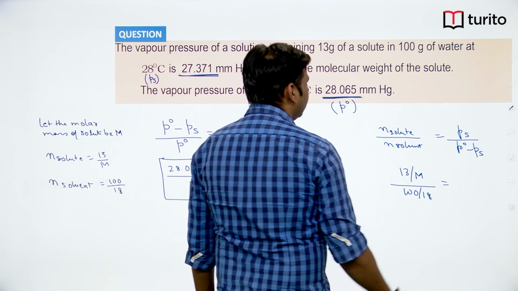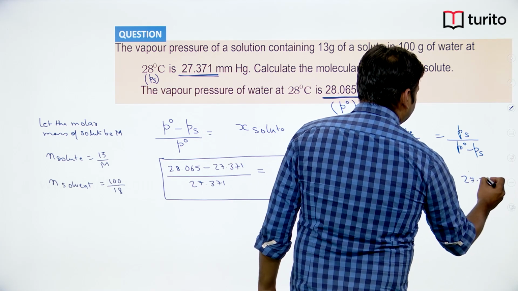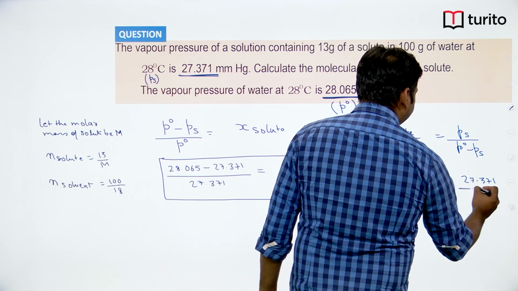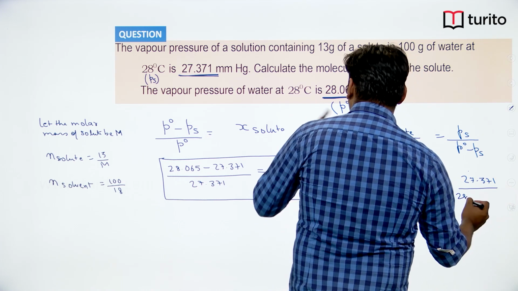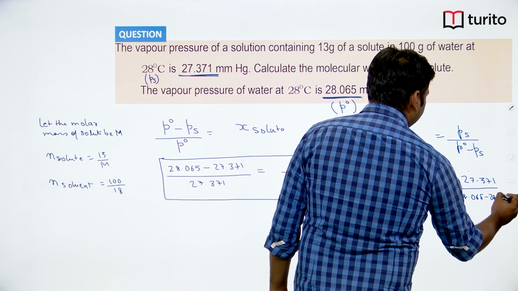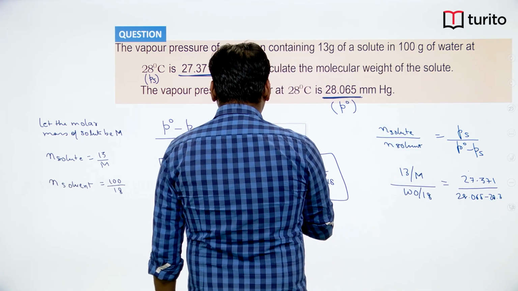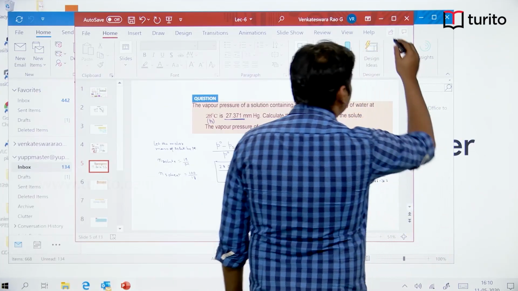This is equal to the pressure over the solution, 27.371, divided by the initial pressure 28.065 minus 27.371. So you can directly use this.